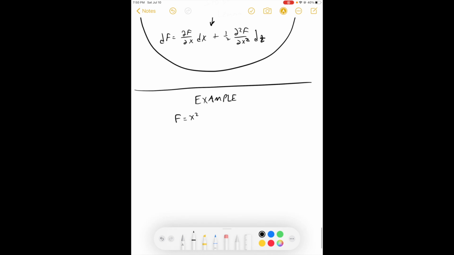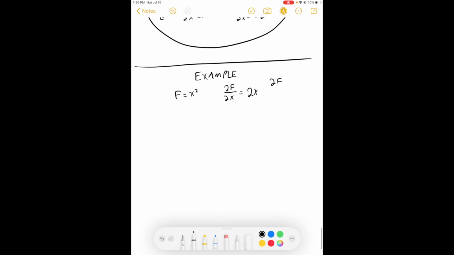We're going to say that f is equal to x squared. So the partial of f with respect to x is 2x, and the second derivative of f with respect to x is just 2.